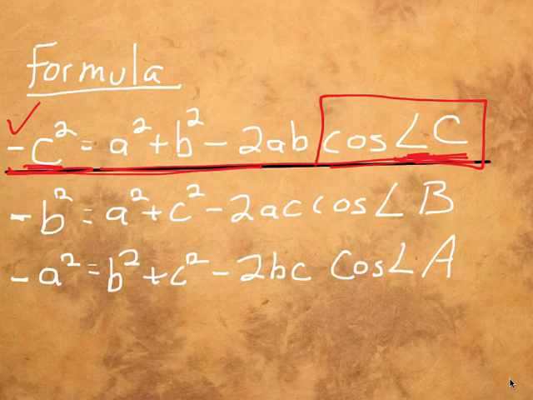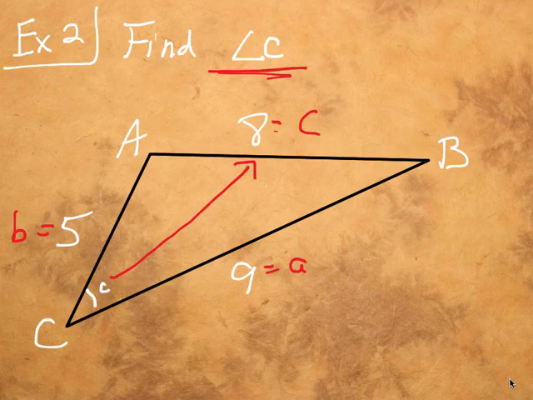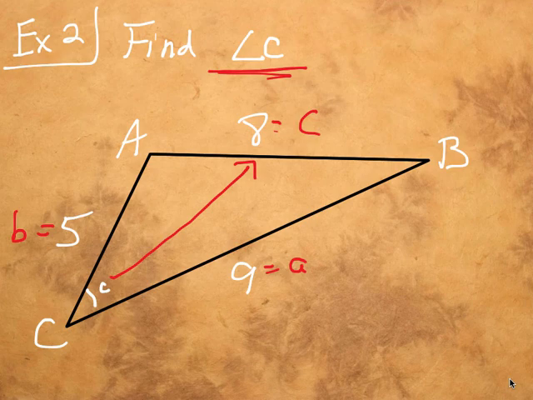So I'm going to write this on a new page. C squared equals A squared plus B squared minus 2AB times the cosine of angle C, which we're looking for. And I already have my sides labeled.